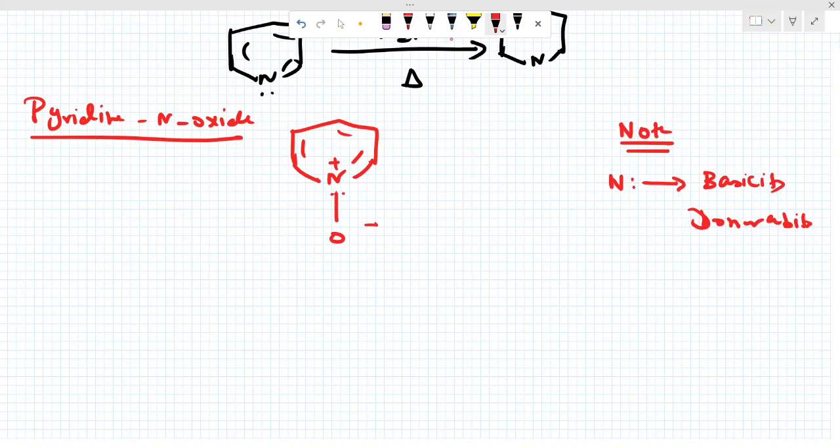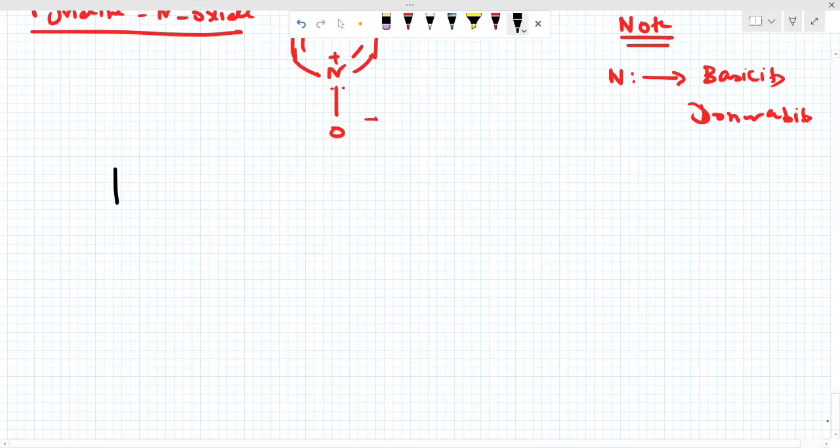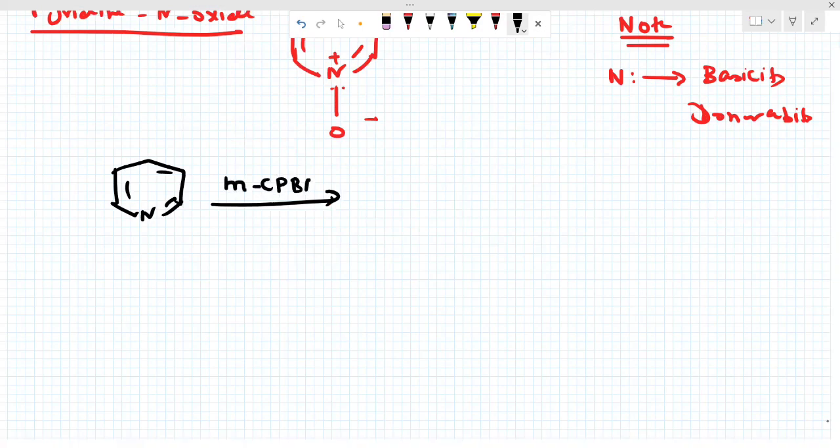Now how to prepare pyridine N-oxide, please note the reaction. It's an oxidation. We can use metachloroperbenzoic acid. Here is pyridine, here use metachloroperbenzoic acid, right?